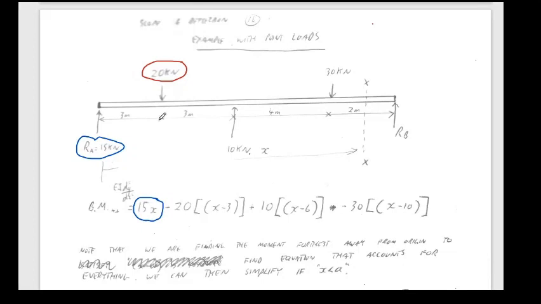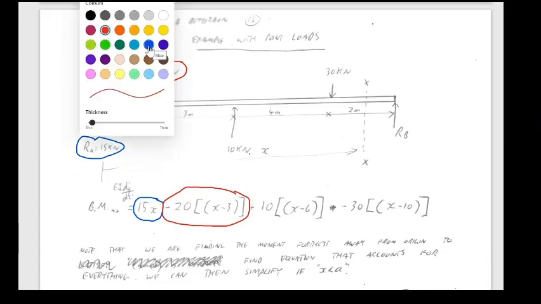The distance from here to X is going to be X meters minus 3. So X minus 3. That's where that term comes from. And notice what we've got there: that's a Macaulay's term, an X minus 3. So minus 20 because it's associated with this downward 20 kilonewton load, and then X minus 3, that's the distance that it is away from us.